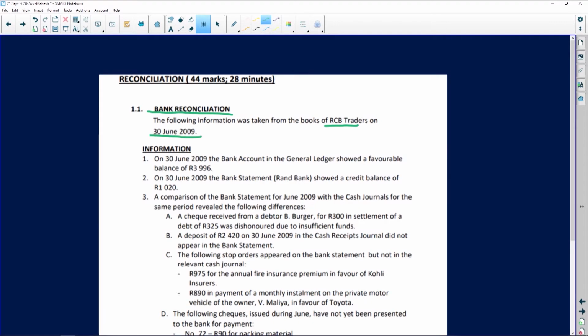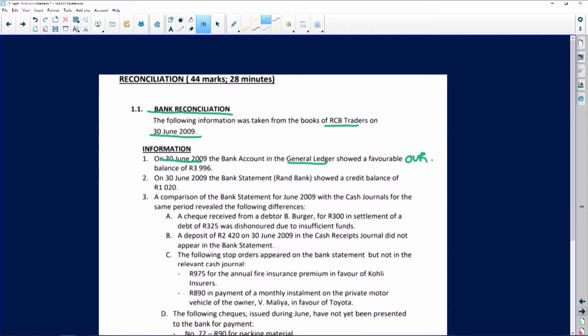Right, so the first bit of information: on the 30th of June 2009, which is the end of the month, the bank account in the general ledger showed a favorable balance of 3,996. So immediately, this is in our records. Let's start by bringing down this balance.